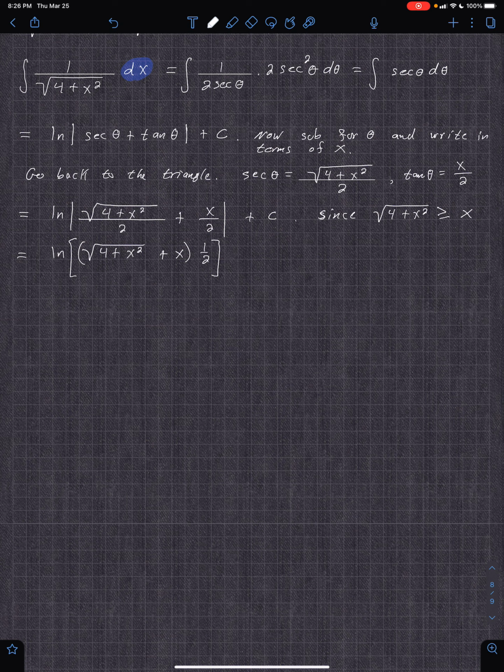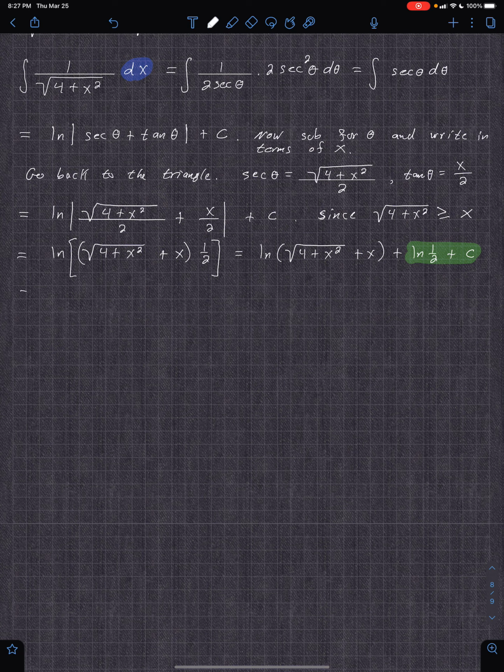And so, because of properties of the logarithm, I end up with ln of the square root of 4 plus x squared plus x, plus natural log of a half, plus c. So I can make this now my arbitrary constant, call it d.